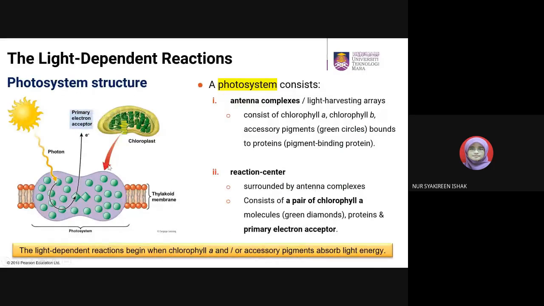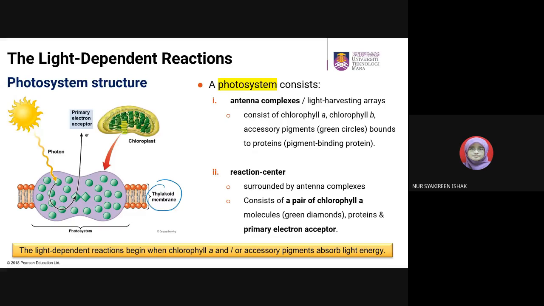Okay, so photosystem structure. The photosystem is a very important component during the light dependent reaction. The photosystem is a structure embedded in the thylakoid membrane.